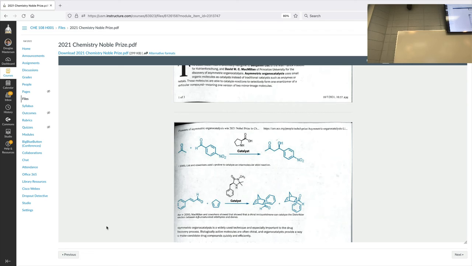Okay? So there's actually a series of enzymes in your body that are called cyclooxygenases. What they do is they take fatty acids, particularly arachidonic acid, they oxidize it, cyclize it into what are called prostaglandins, and prostaglandins are responsible for pain and other things.